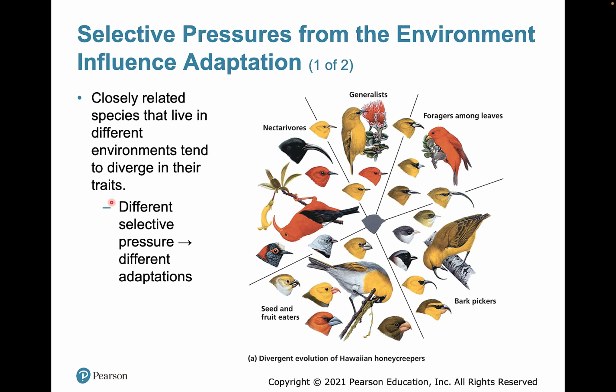Okay, so that's this idea of different selective pressures, different requirements of environments. Requirements of environments created different adaptations, much like Darwin's finches, if you did any study of the history of evolution.